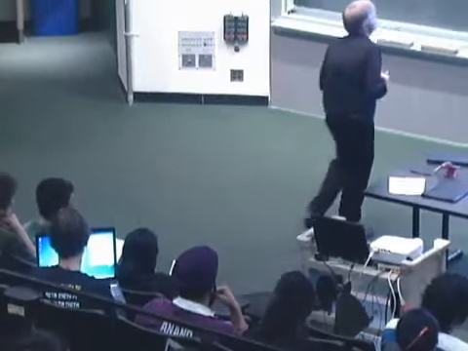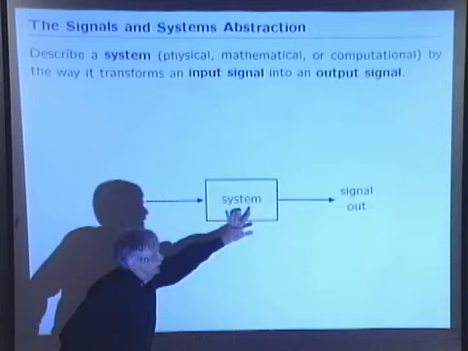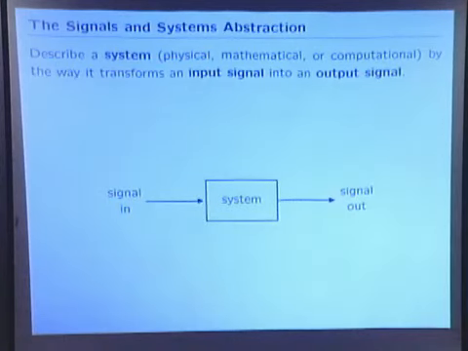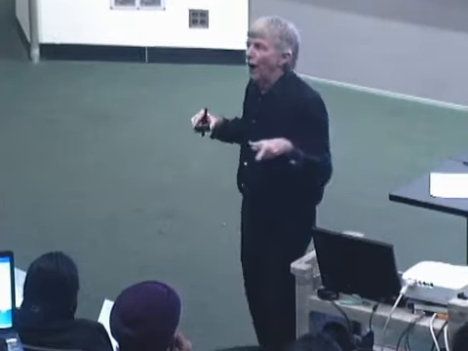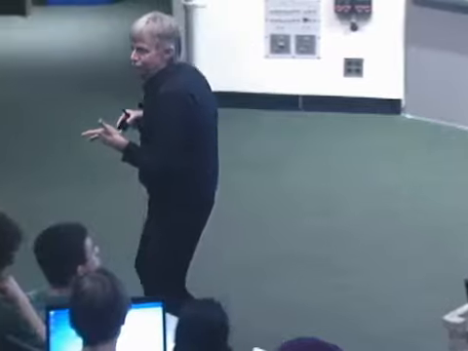The abstraction that we're going to use is we think about a system as a thing that has an input and an output. Given the input and the system, you can compute the output. Systems have one input and one output. It's a very special way of thinking about a system that turns out to be surprisingly powerful.